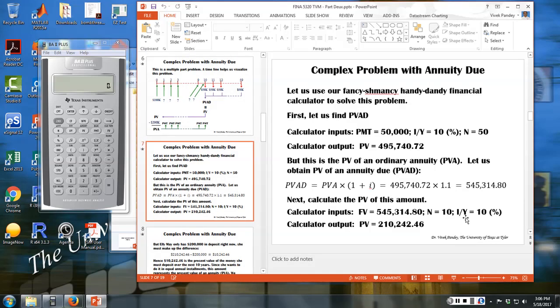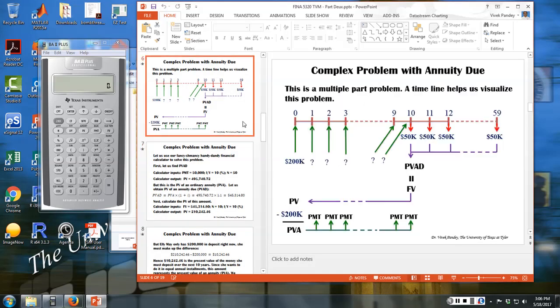Let's use our calculator to get this problem, because there are several steps to it, and let's look at the scheme. We get 50,000 per year. I'm going to say second, clear TVM.